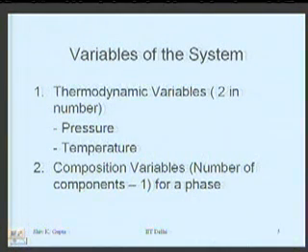Now having defined a phase, where I introduced the word component, and having defined components, I have to look at the equilibrium. To look at the equilibrium, first of all let us try to understand what are the variables in the system. My system has two variables which are called thermodynamic variables, temperature and pressure.